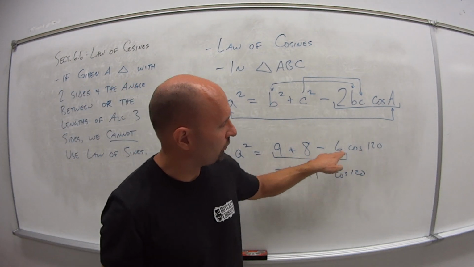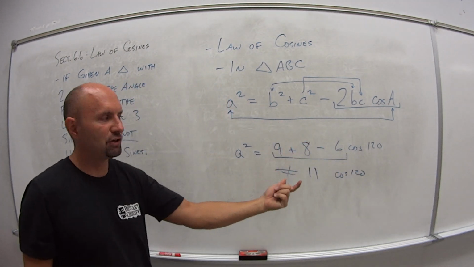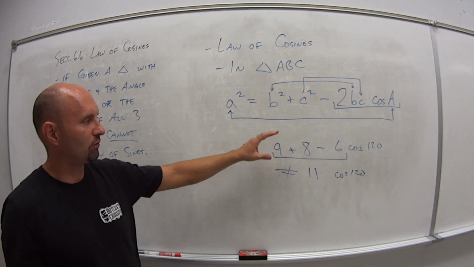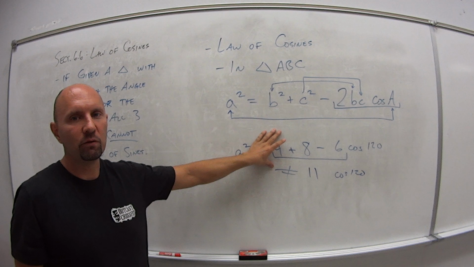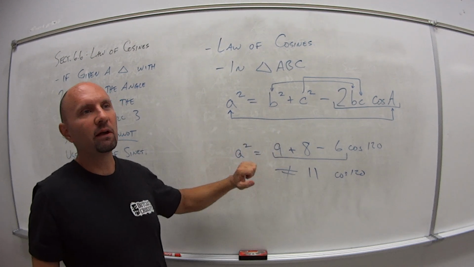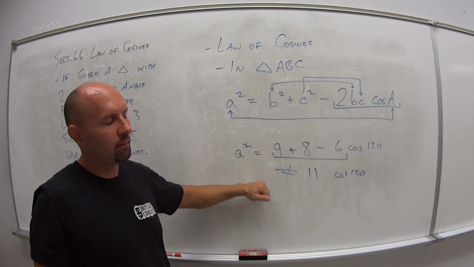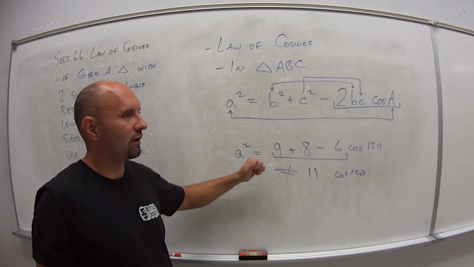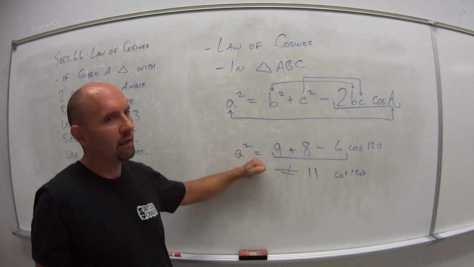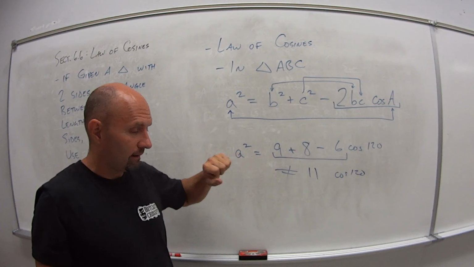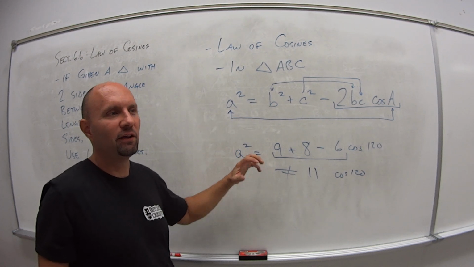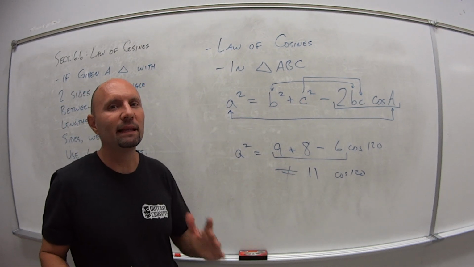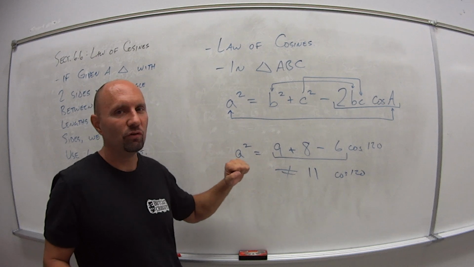This 6 is multiplied by that cosine, so it's attached to it. You can't just look at these three numbers and subtract or add them to come up with a value. I'm telling you this because I'm going to see it on the second exam, the third, and the final. Please, if this is something you're inclined to do, think back to this video where I'm pleading with you, don't do that.